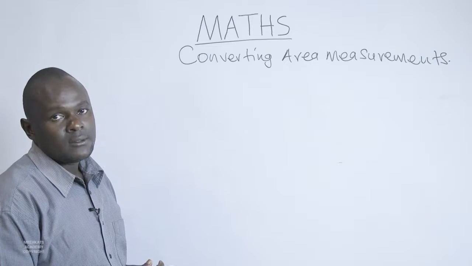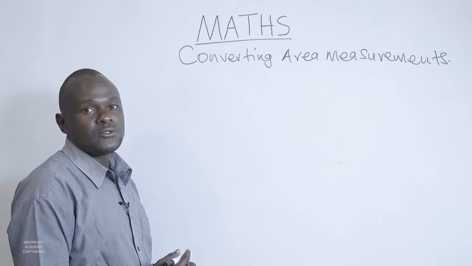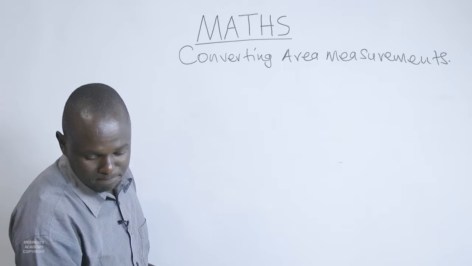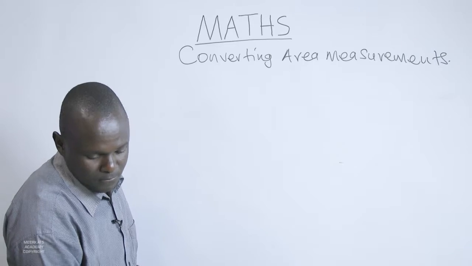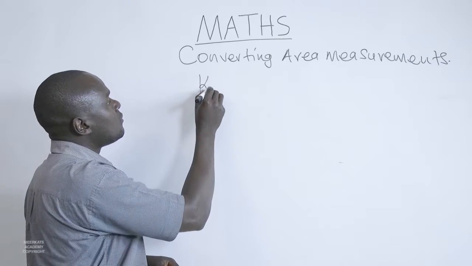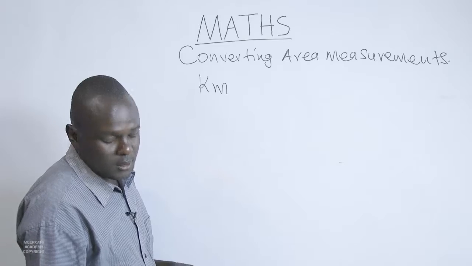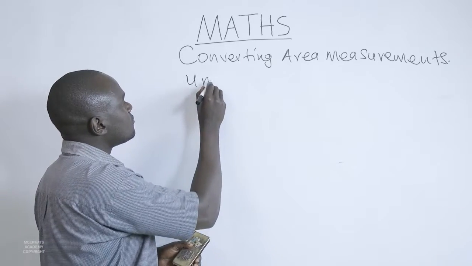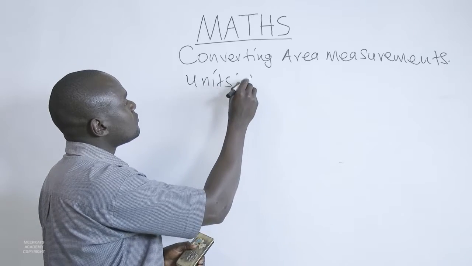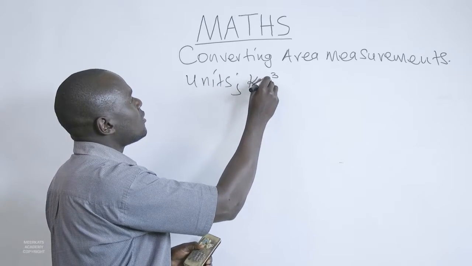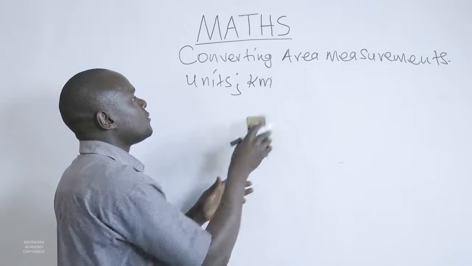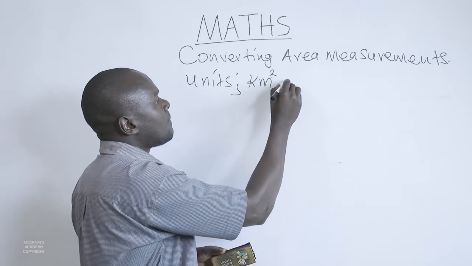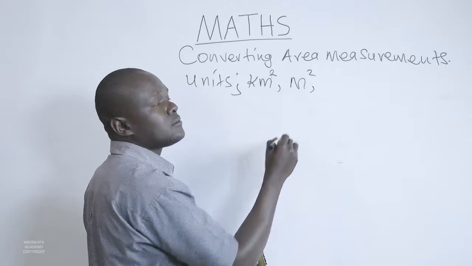Some of the units that are used when measuring area are like kilometer squared, we also have meter squared.